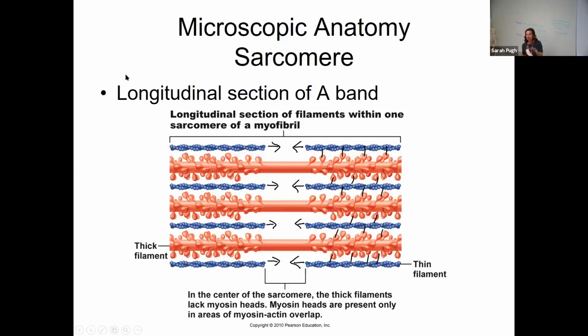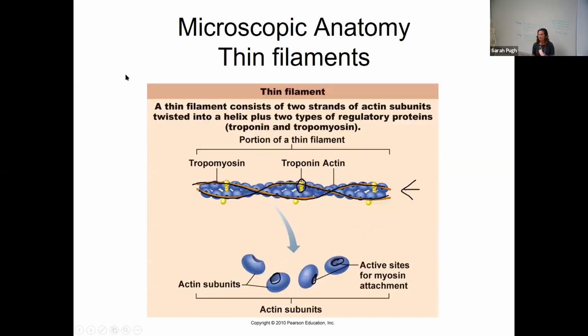What you don't want is a muscle contraction all the time. So you only want a muscle contraction when you need one. So I'm coming back to actin and this thin filament so I can show you this. I told you that actin has these regulatory proteins, troponin and tropomyosin. They cover over the active site. So in my mind, the way I think about it is I think about troponin and tropomyosin as kind of like the chastity belt for your thin filament.